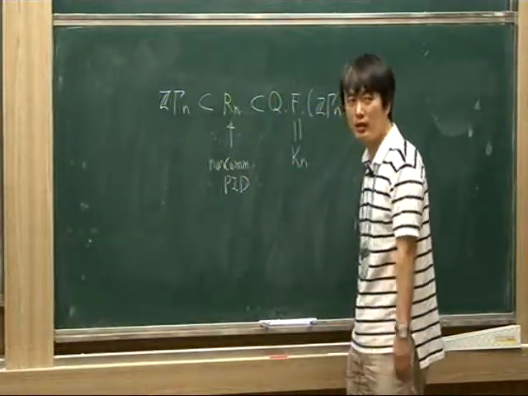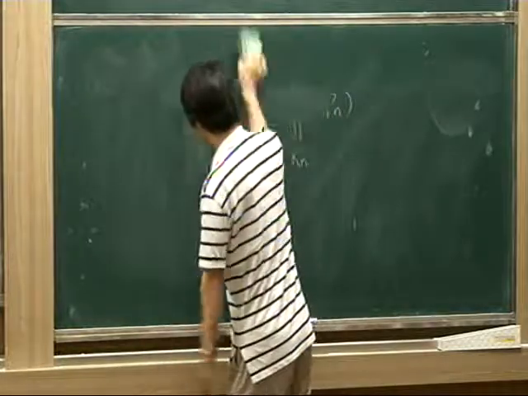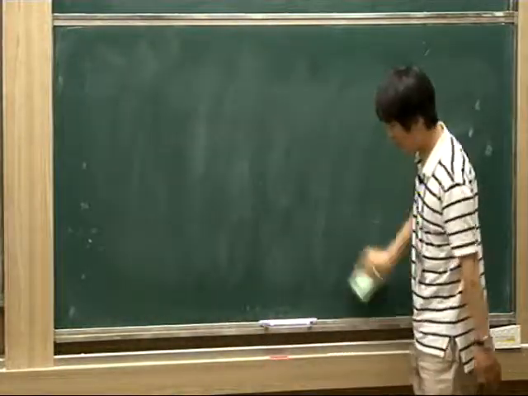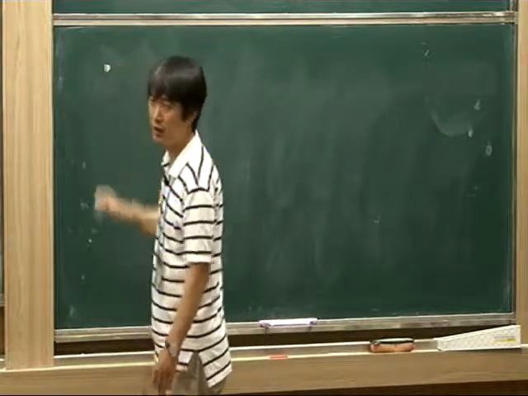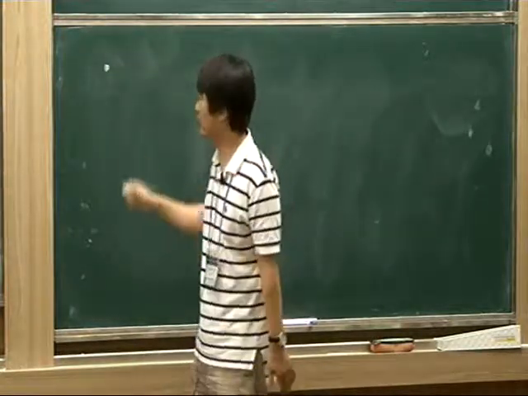So now once you extend the representation to the slice disk complement, we can define the obstruction or invariance.